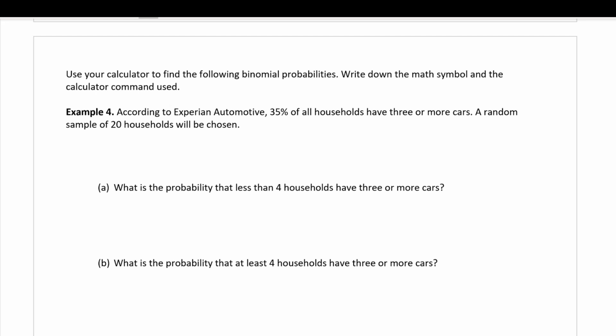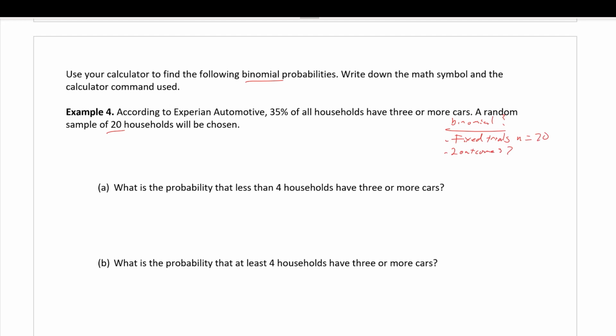First of all, do we have a binomial here? They kind of already tell us that it is, but let's just confirm that. Fixed number of trials. Well, we go up to 20 households. Do we have 2 outcomes per trial?